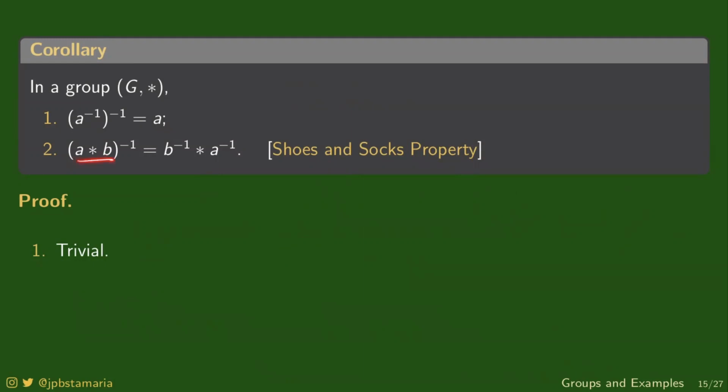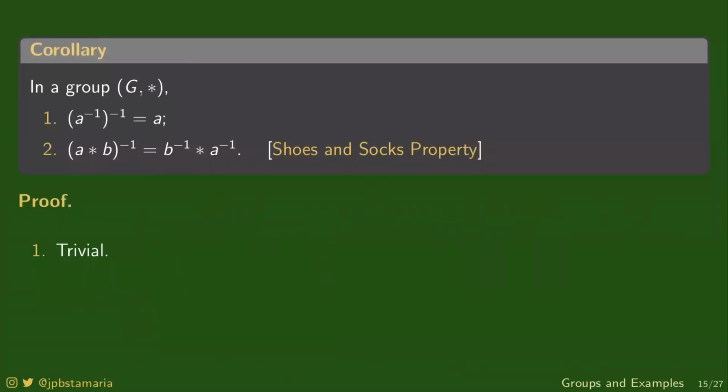Ngayon, kung nasa G ulit ito, meron ulit siyang inverse kasi lahat ng nasa G ay may inverse. Ang tanong dito, ano yung inverse ng product na AB? Fortunately, meron tayong formula. The formula for the inverse of the product AB is B inverse times A inverse. Kung ano man daw yung inverse ni B times kung ano man yung inverse ni A. But in a reverse order.